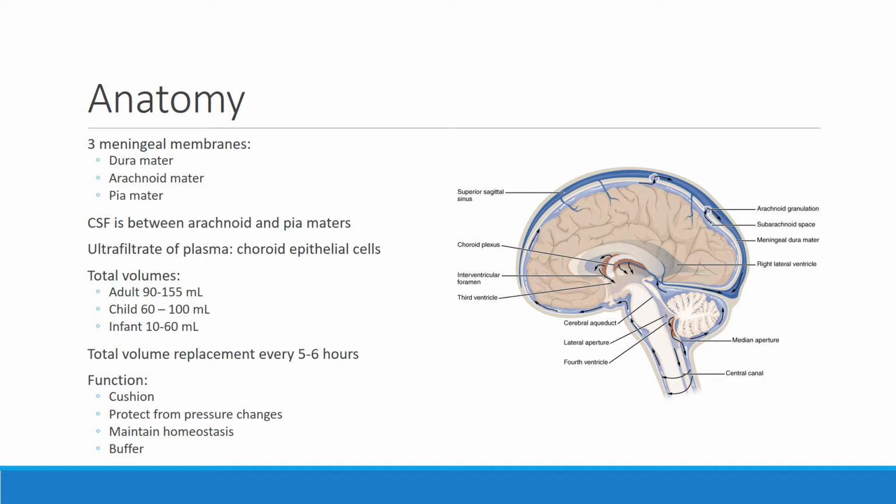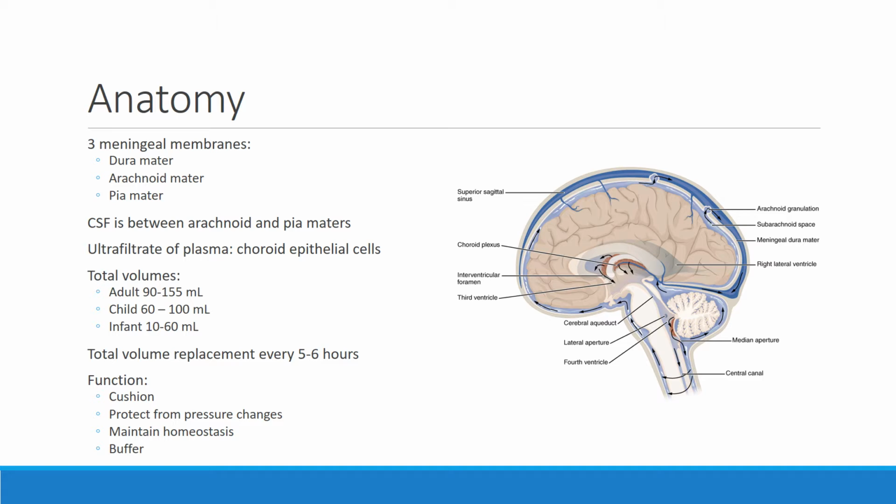So changes in that volume of CSF can help to account for those changes in pressure. Okay, but it also has kind of an immediate function to collect waste and circulate nutrients. So it helps in that way, it helps to maintain the homeostasis of the environment of the central nervous system.